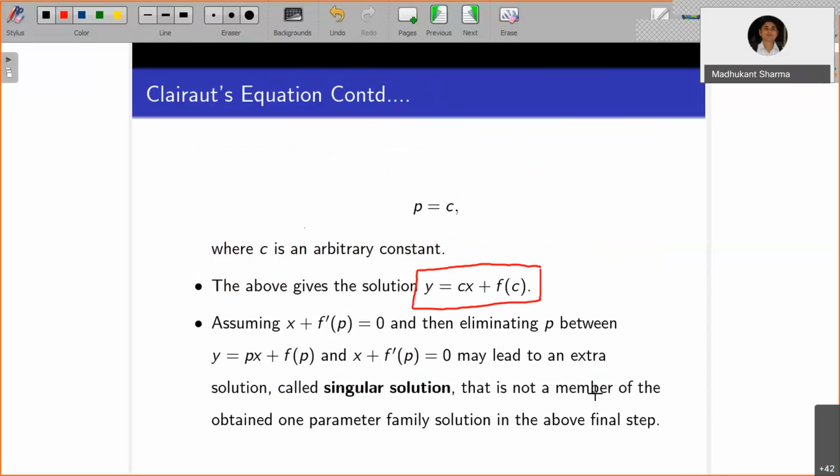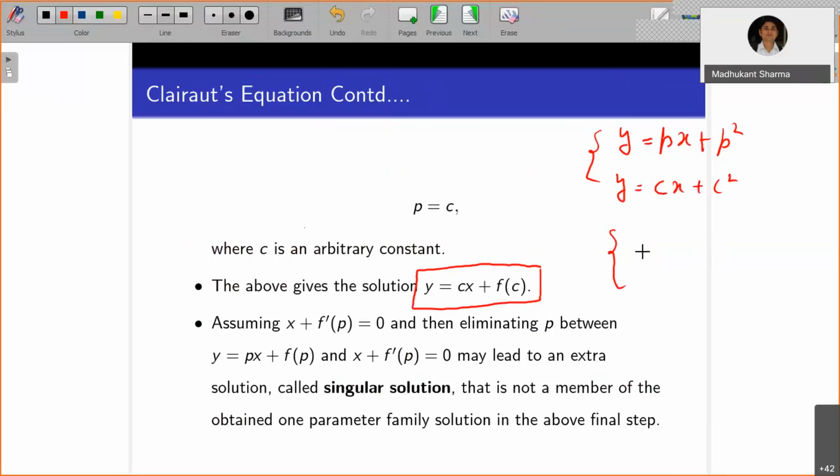Replace p by c. In particular, if you take the example y equals p times x plus p square, this is Clairaut's form. So what is the general solution of this? It is nothing but y equals cx plus c square.